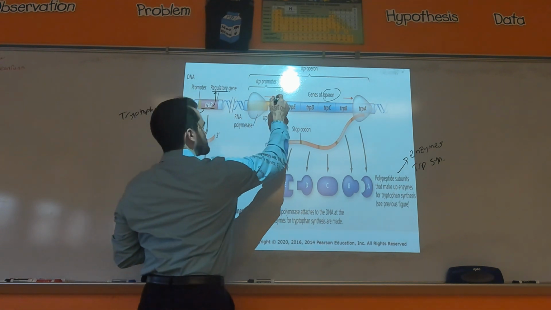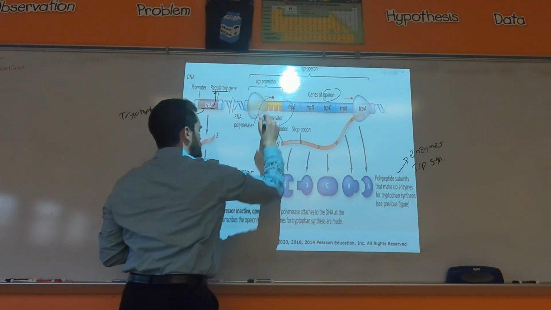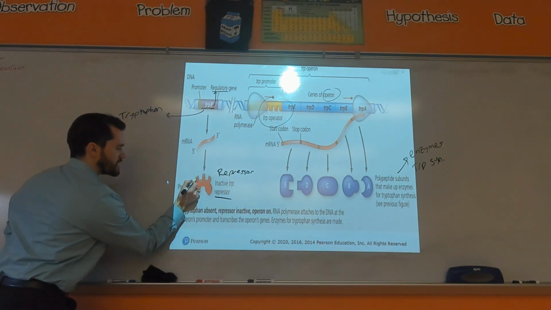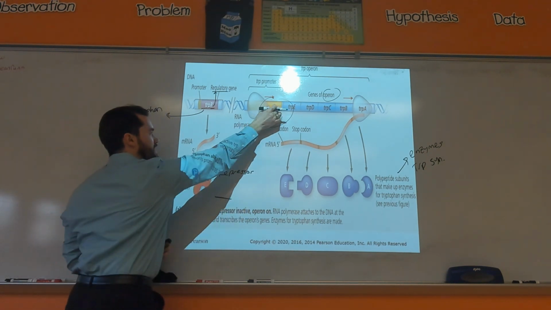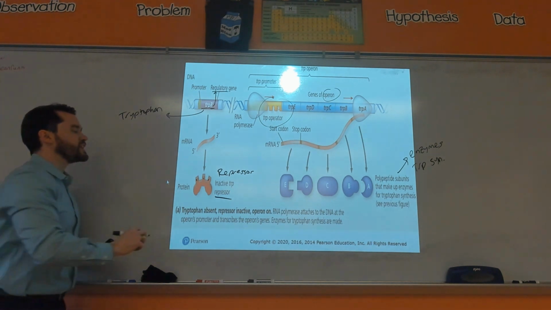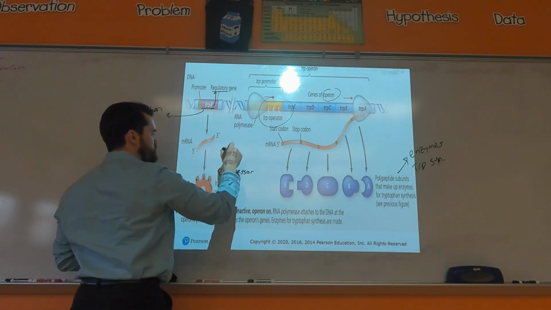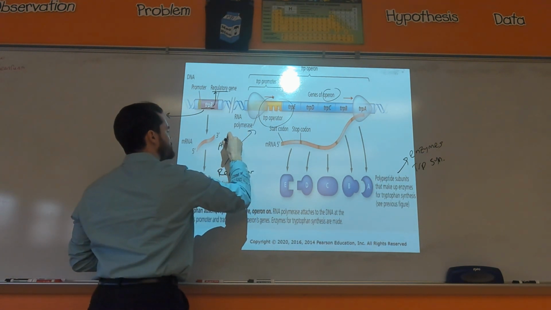Now, notice here there's something called an operator. So the repressor, if you look at this little puzzle piece and then this little puzzle piece, this can fit into the operator, but only if it's in the active form. So it only binds there if it's in the active form.